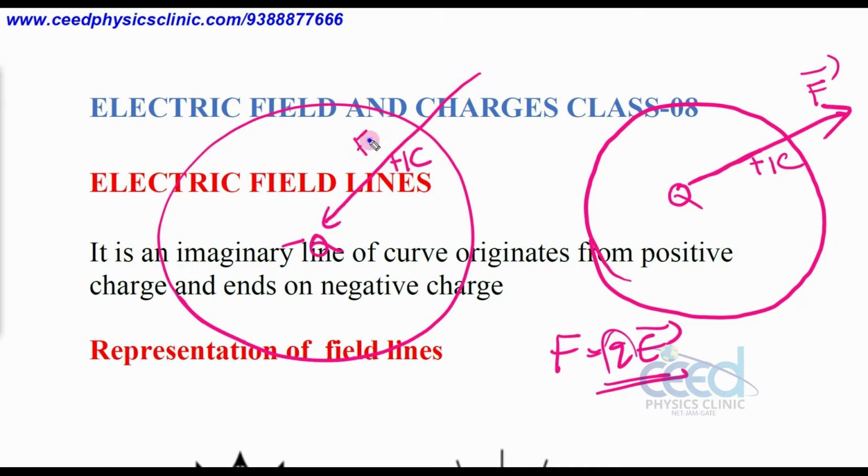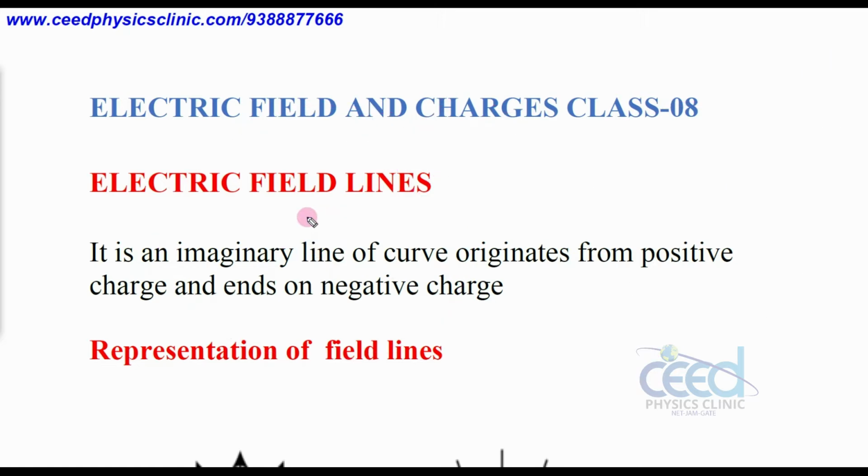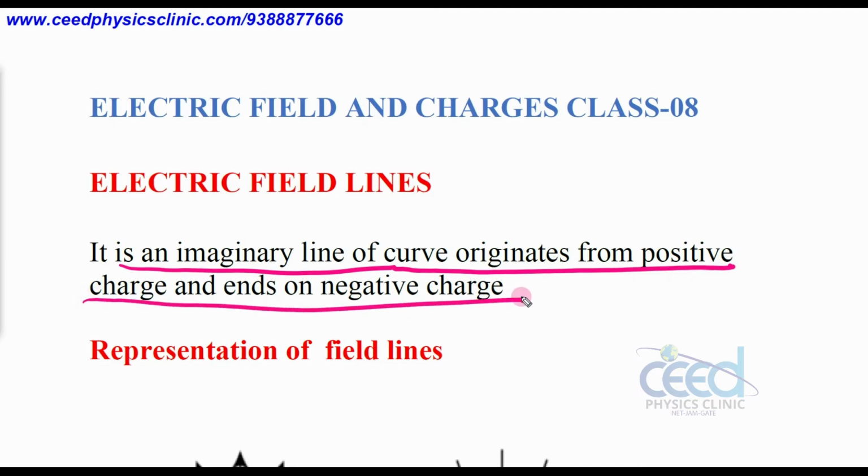That is the direction of force that acts on this +1 coulomb. So the electric field is directed inwards, towards this charge. So field lines are imaginary lines or curves that originate from a positive charge and end in a negative charge.